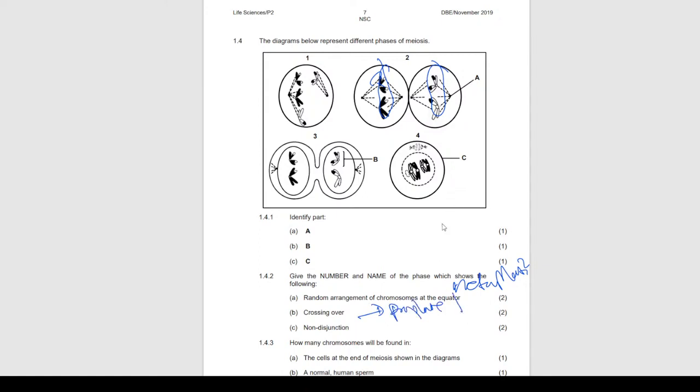Is interphase part of meiosis? Interphase is not part of meiosis. It is just a growth phase. When you are explaining the phases, you start with prophase.